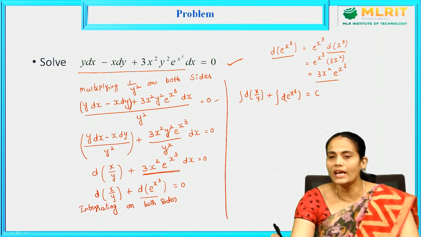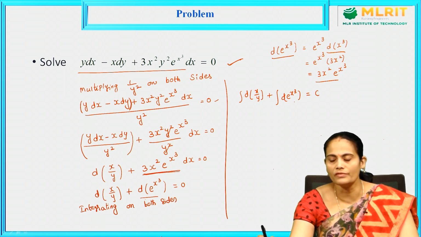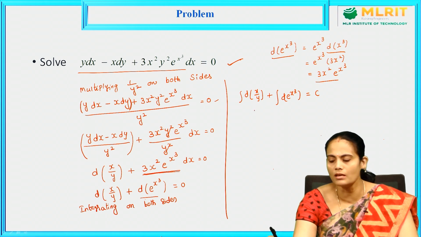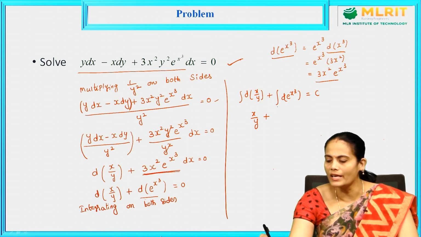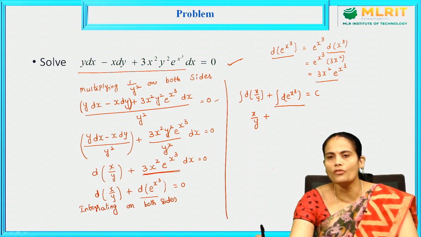Integration and derivatives are reciprocals, so these two terms cancel. So we will get x by y, which is the integration of derivative of x by y. And here the integration of derivative of e power x cube is e power x cube, is equal to c.